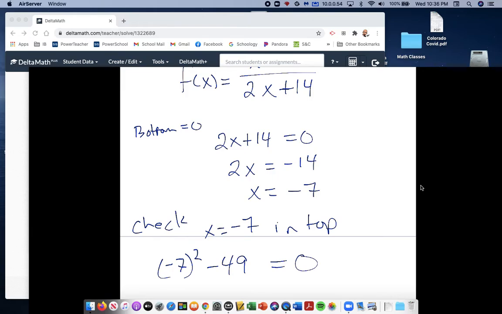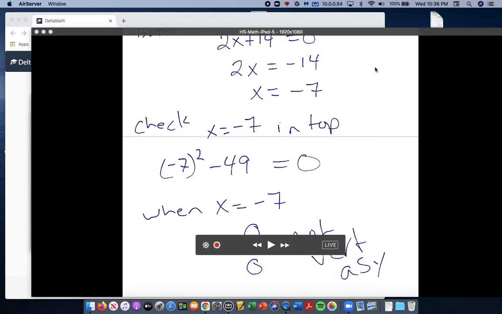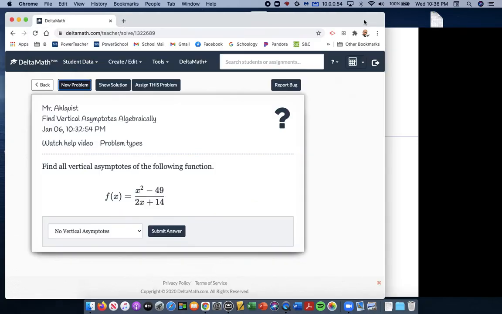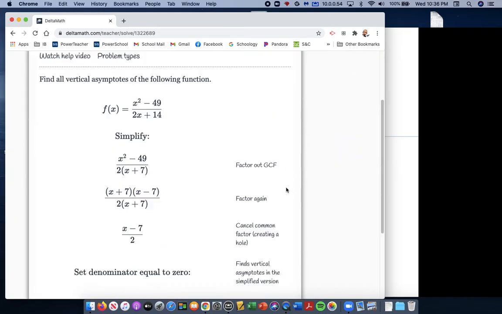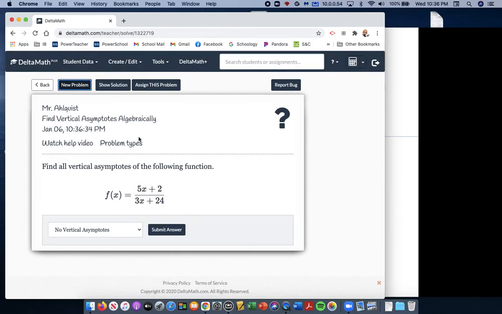When x equals negative 7, we get 0 on the top and 0 on the bottom. That is not a vertical asymptote. We need the top to not be 0 while the bottom is 0. So on this one, there are no vertical asymptotes. Let's look at a different one.